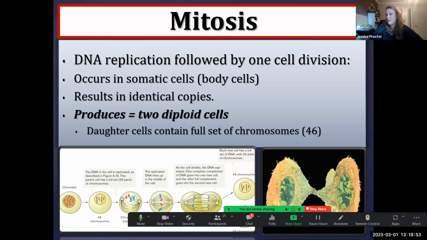Now, some cells go through mitosis constantly. Obviously, our skin cells are constantly exposed to environmental stressors, and our saliva cells are constantly being reproduced. So things like skin cells and saliva cells are constantly going through mitosis. They're going through mitosis as we speak right now. But other cells, like nerve cells and bone cells, don't go through mitosis nearly as frequently.